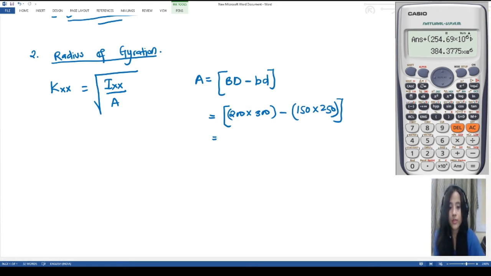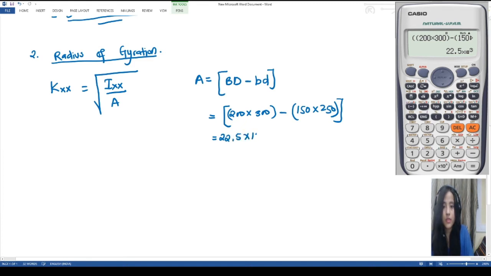Let us do the calculation again. 200 into 300 minus 150 into 250. So my area is coming 22.5 into 10 raised to power 3 mm squared.